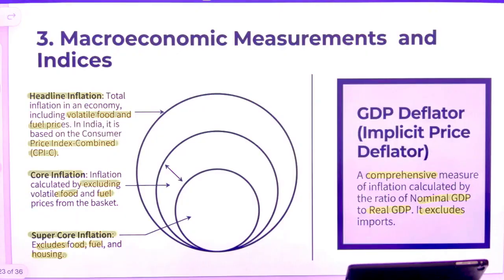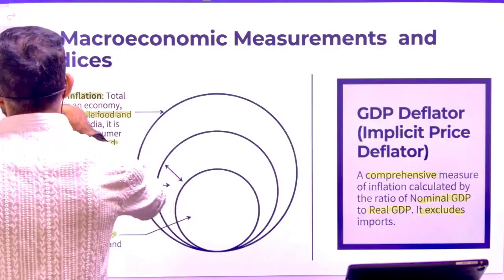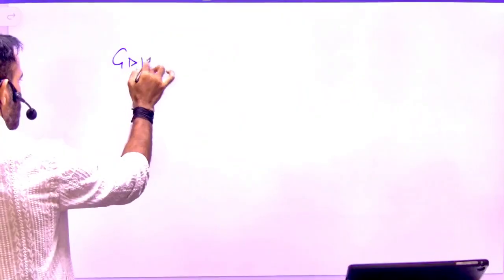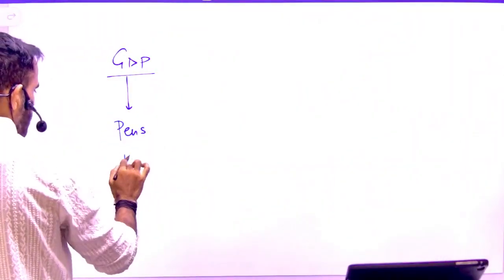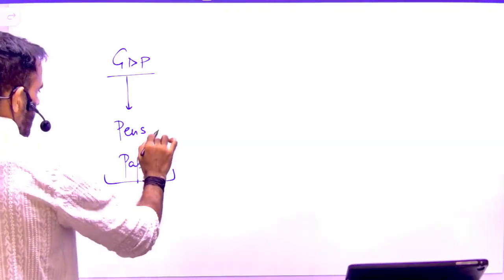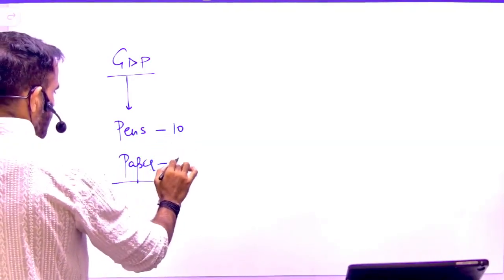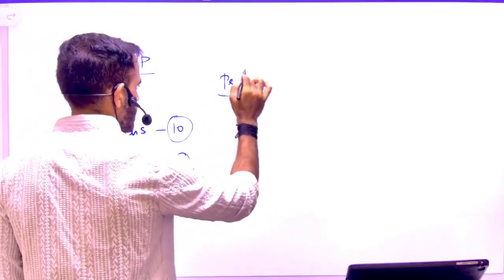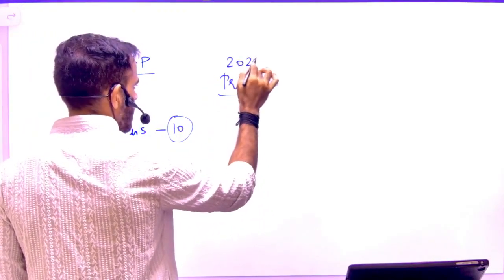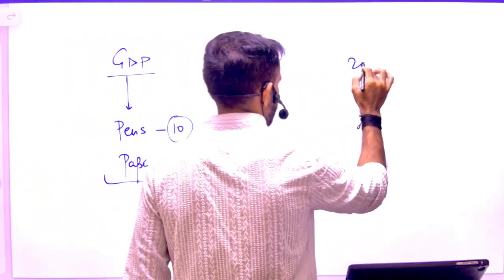That's one thing. Now coming to nominal and real GDP. Let's say we produced pens and we produced paper. Let's say we produced 10 pens and 5 packets of paper. Let's say this is the price last year, 2025, and this is the price in 2026.